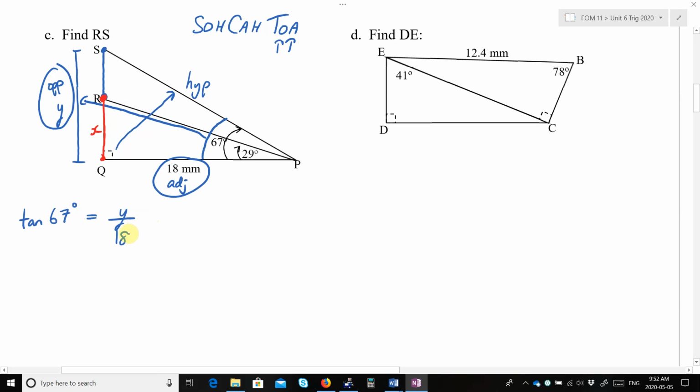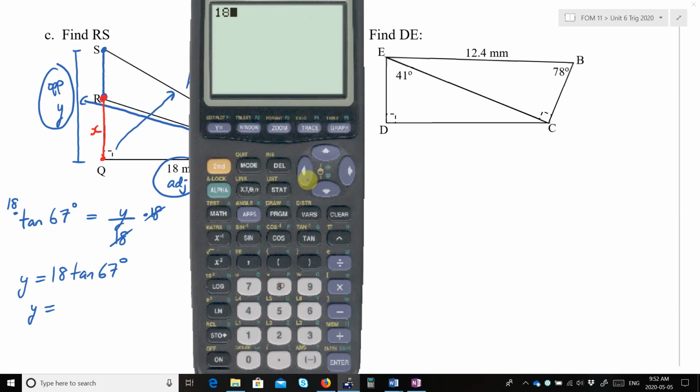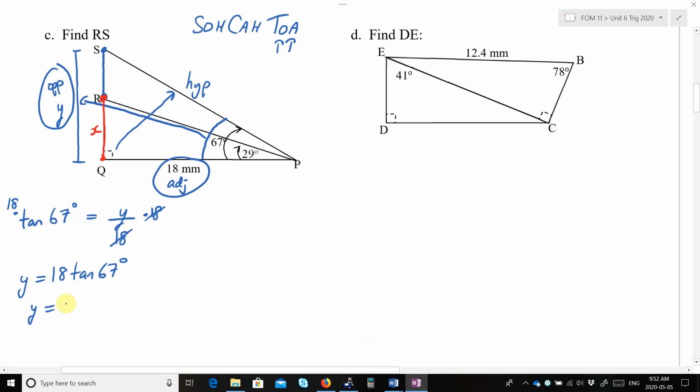And since you're dividing y by 18, you just multiply both sides by 18. Okay, so 18 tan 67, and we get 42.4, and that's going to be millimeters.